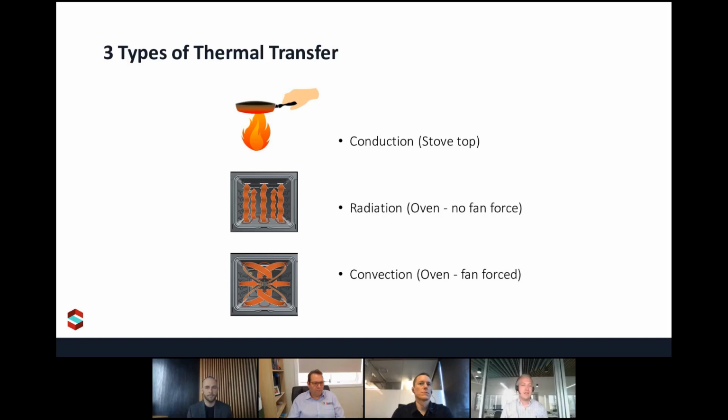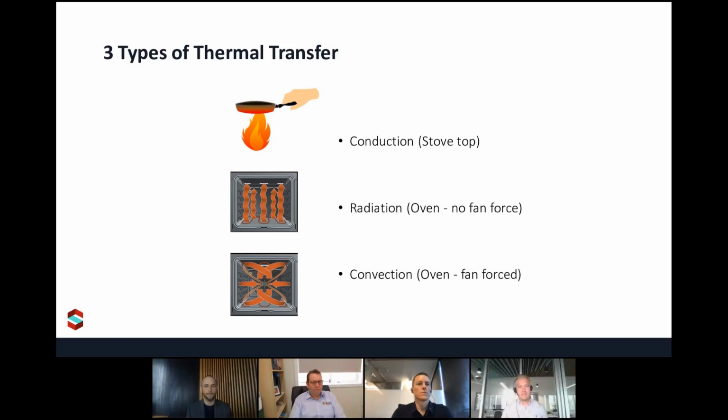Then we have radiation heat, or radiant heat, and that is like heat traveling through air. For example, you've got an oven with the fan turned off. That heat warming that environment is just the heat coming off the raw elements. That's radiation heat. And then there's convection, and that's using the flow of air to take the heat off the elements, and it's a more efficient way to get the heat around.